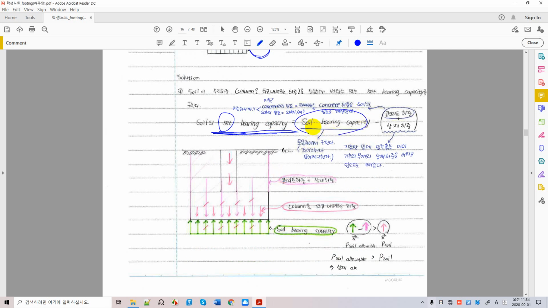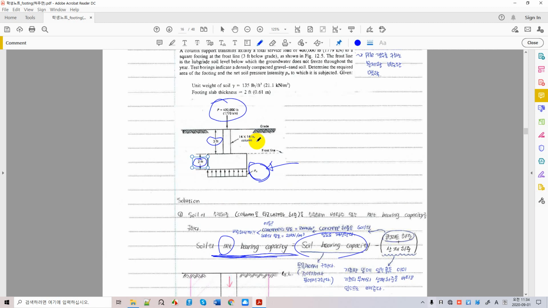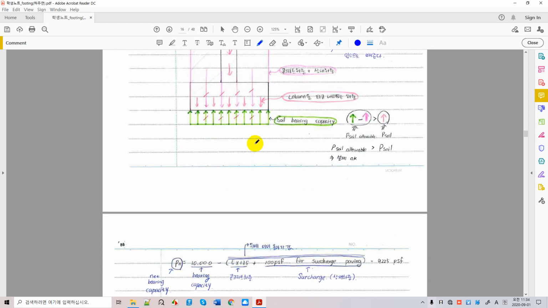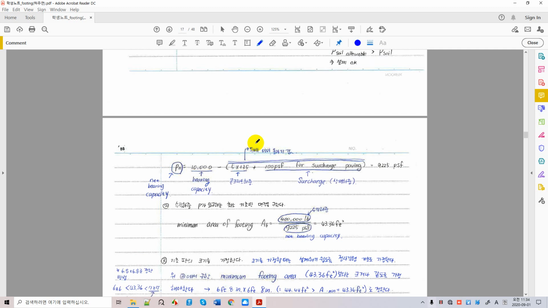The allowable soil bearing capacity given in these problems is given as 10,000s. What's the unit? PSF. Sorry about that again. Pounds per square foot. You can transfer this to the SI unit later when you review this video clip. And this is the soil bearing capacity that's given by the soil engineer, so you really don't have to worry about that number.